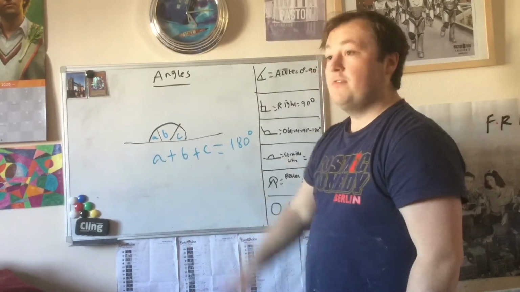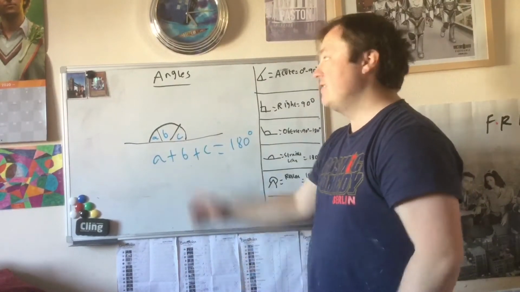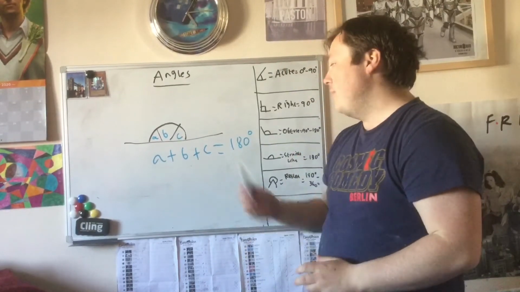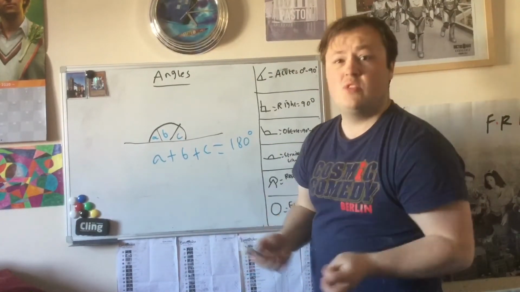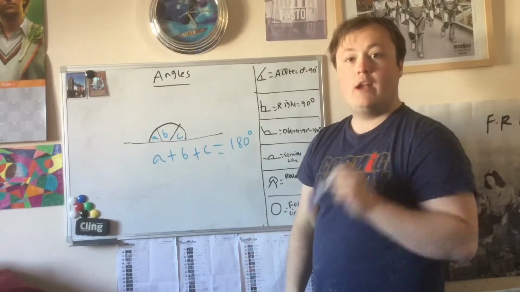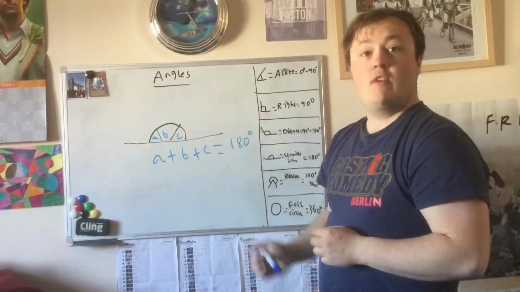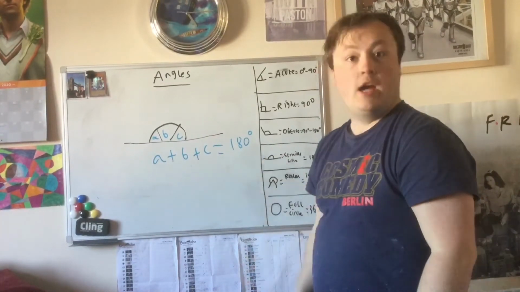So A could be 30, B could be 40 and C could be 110. As long as they're that, it doesn't matter which one's which, they have to add up to 180 degrees. So that's the first rule: angles on a straight line add up to 180.